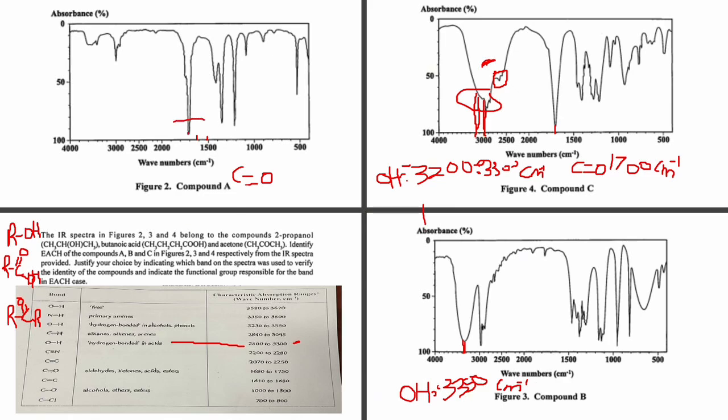And if we were to draw it down at the bottom, it would be 17 and some change. And that change could be roughly 1710, 1715. So that would be our justification.